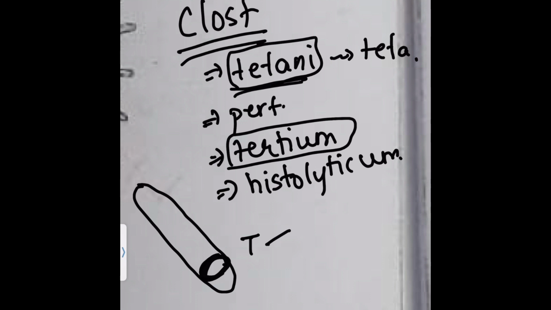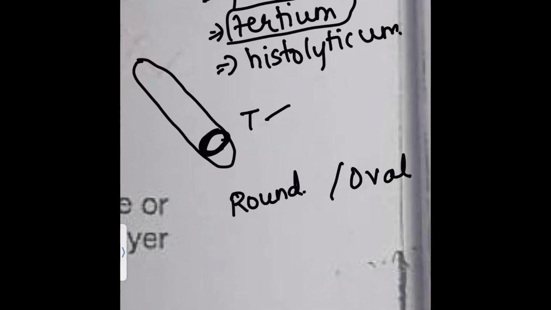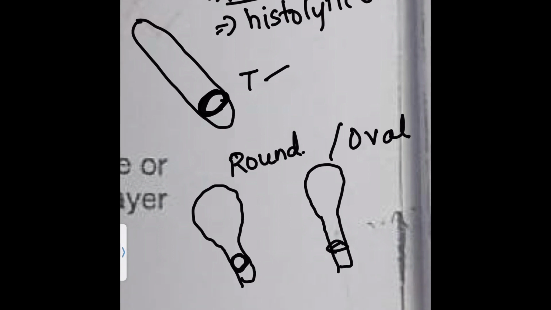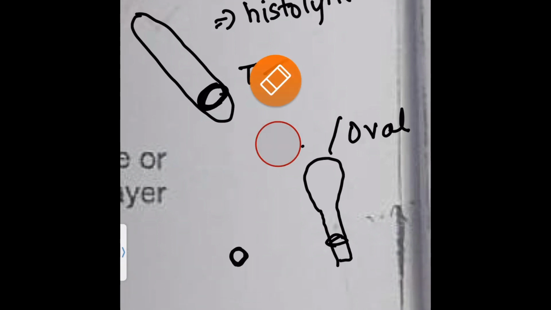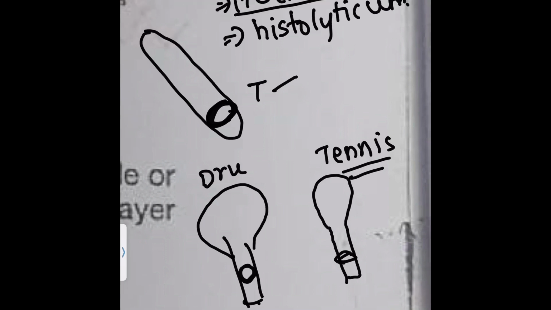Depending on the shape of the spore, if it is round or oval, the appearance will change. If it is round, it will be like this. If it is oval, it will be like this. So depending on the spore, they can either be tennis racket form or drumstick form.